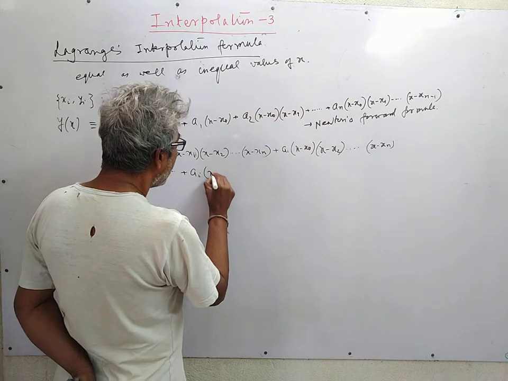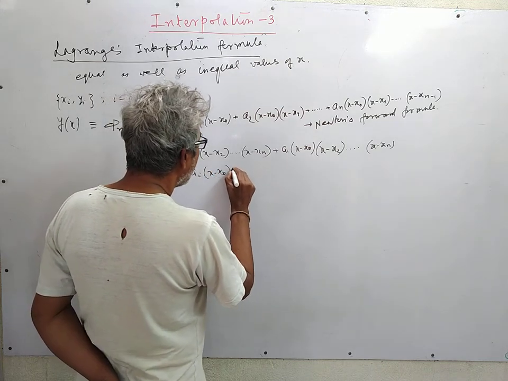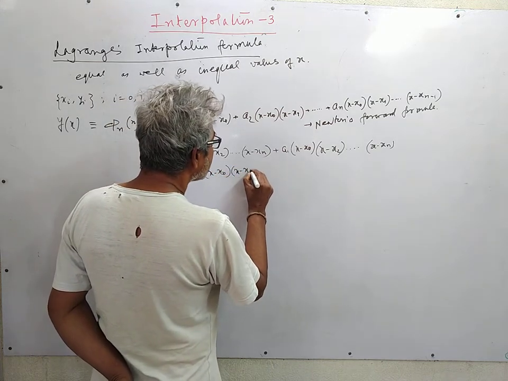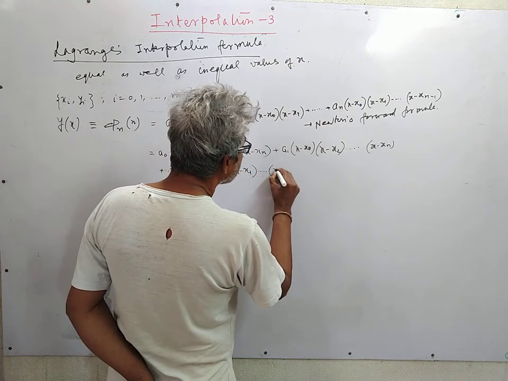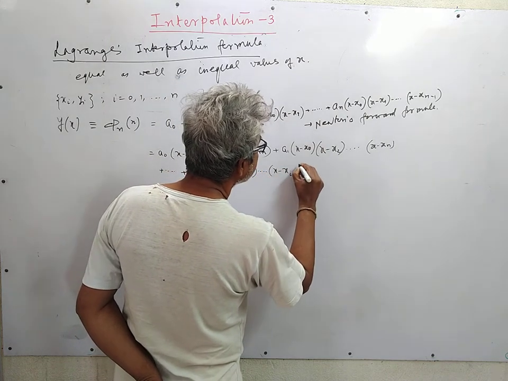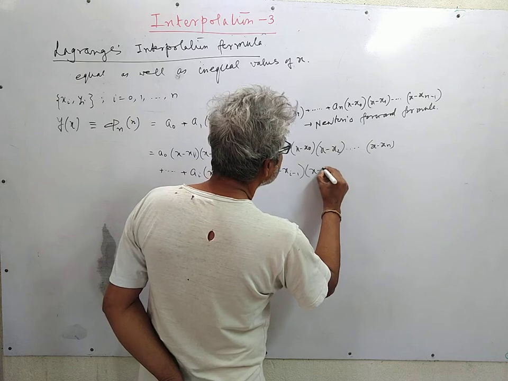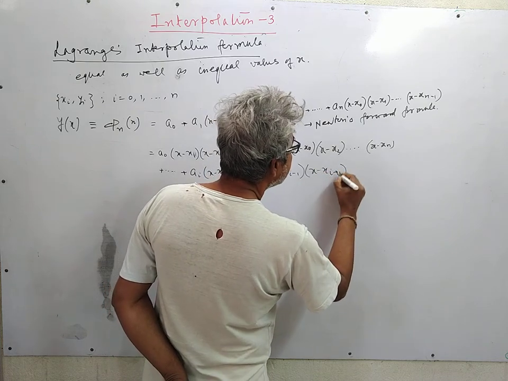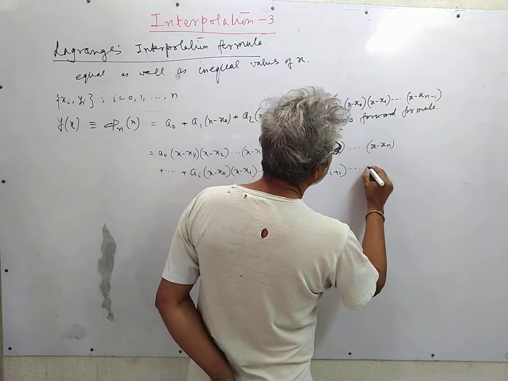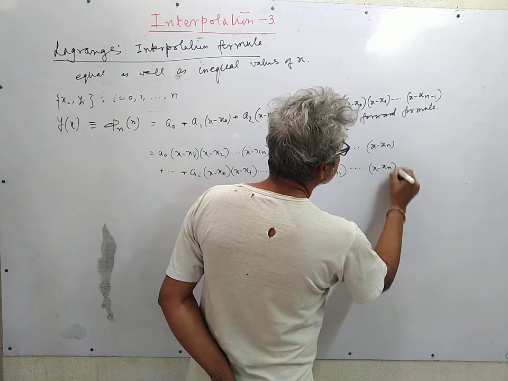For ai, x minus x0, x minus x1, right up to x minus xi minus 1, then the next term is x minus xi plus 1, and then up to x minus xn.